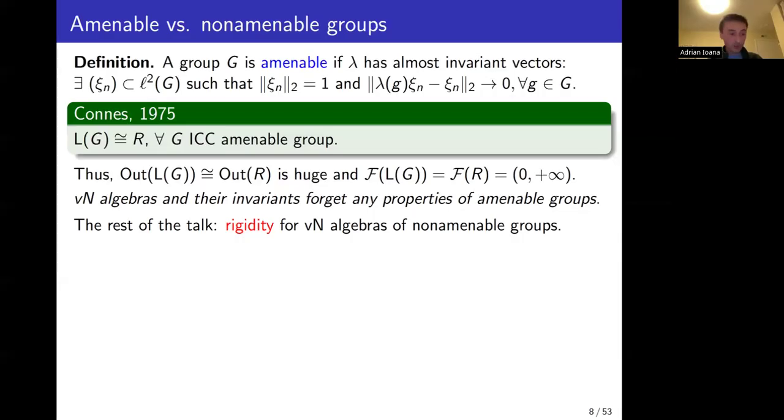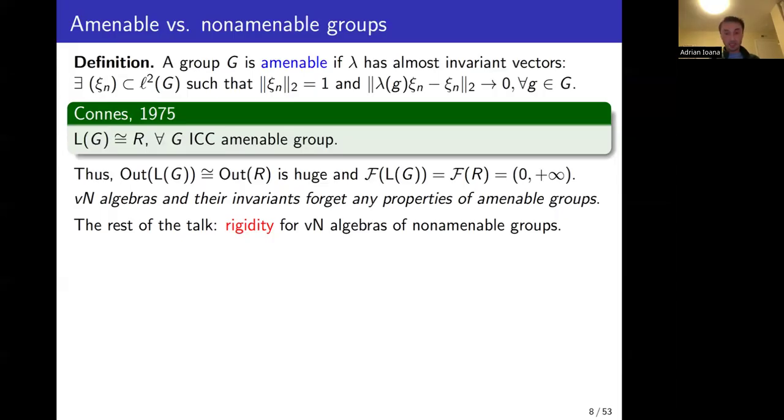The rest of my talk for today will be about opposite types of phenomena. So these are rigidity phenomena for von Neumann algebras of non-amenable groups, which will show that sometimes it's possible to even recover the whole group or the group isomorphism class from the von Neumann algebra.